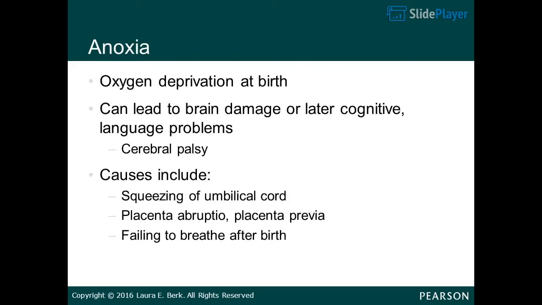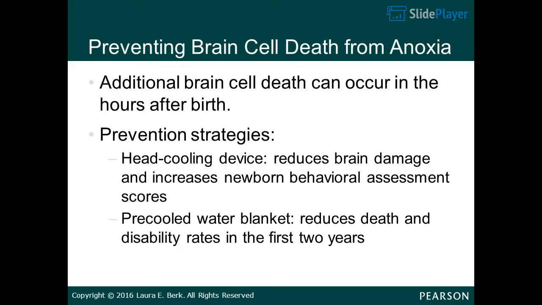Anoxia, oxygen deprivation at birth, can lead to brain damage or later cognitive and language problems, and cerebral palsy. Causes include squeezing of the umbilical cord, placenta abruptio, placenta previa, and failing to breathe after birth.